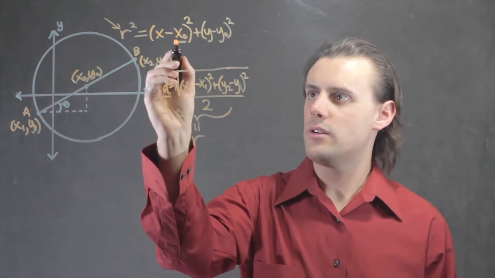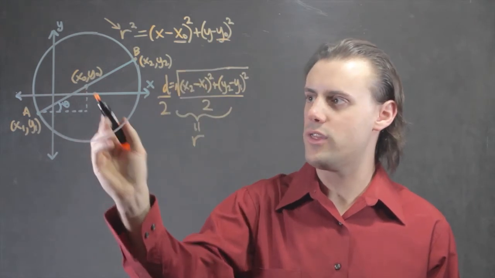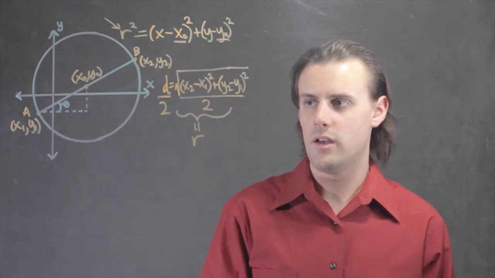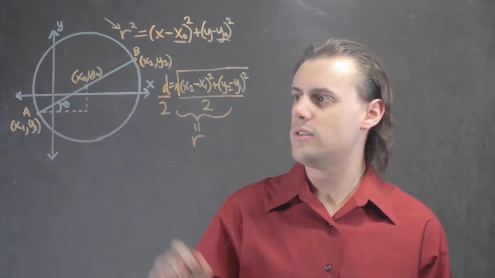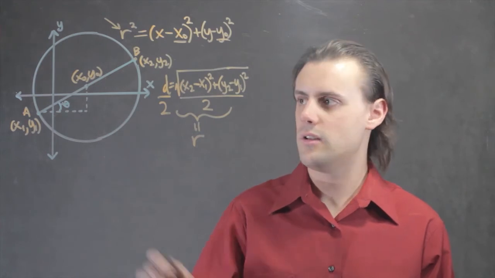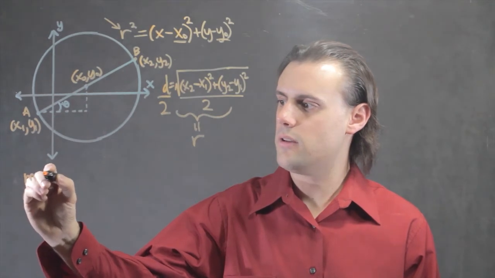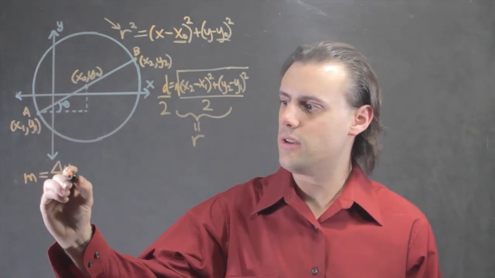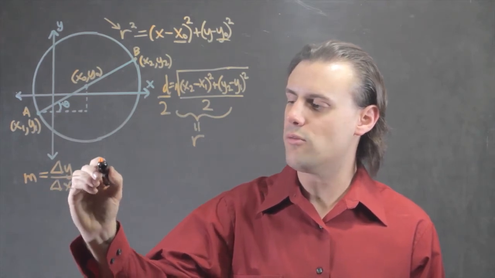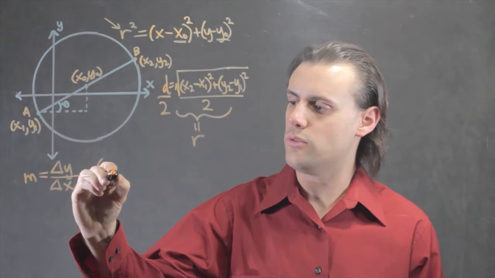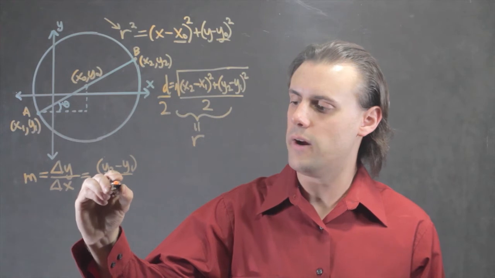Then all we have to do is calculate what the coordinates are associated with the center of the circle. In order to do that, I have to recognize that the slope is actually equal to the tangent of this angle theta. I can calculate the slope m by looking at the difference in y divided by the difference in x, and that's going to be equal to (y2 minus y1) divided by (x2 minus x1).